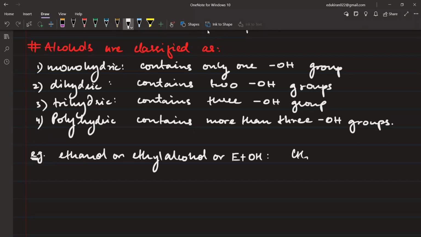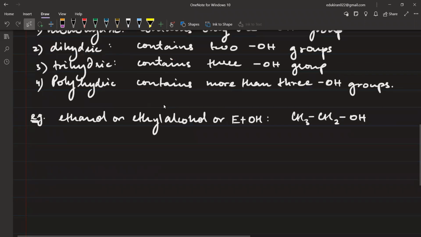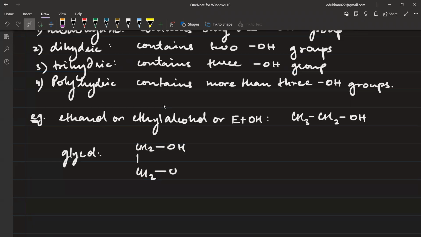What is the structure? CH3, CH2, OH. Further, there is another molecule which is known as glycol. Glycol has 2 carbon atoms and both of them have OH groups.